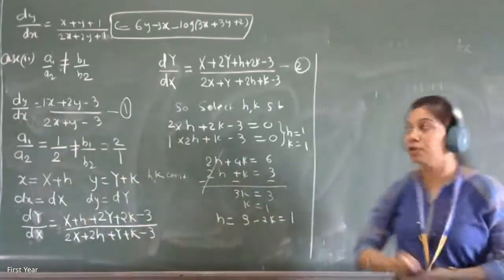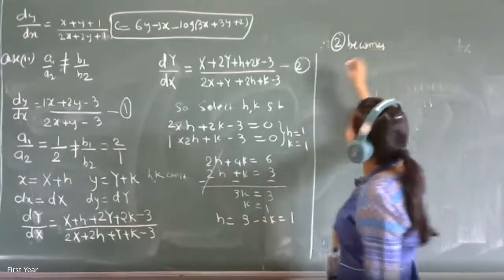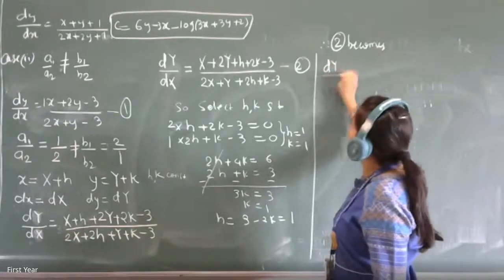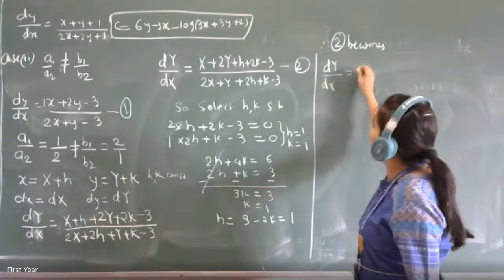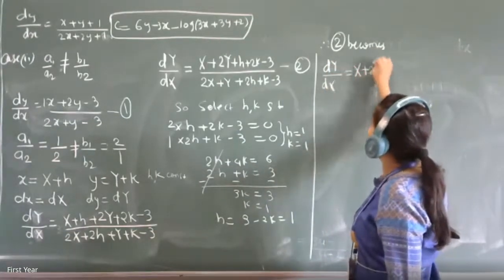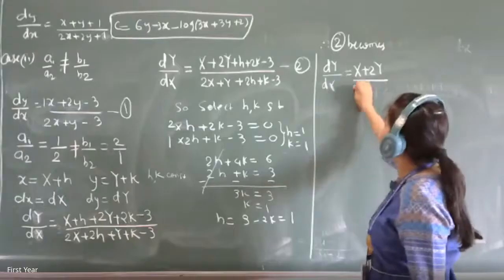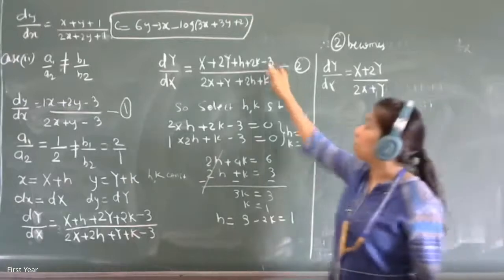Equation 2 becomes dY upon dX is equal to X plus 2Y upon 2X plus Y. Is this okay to everyone? Because this term has been made 0.